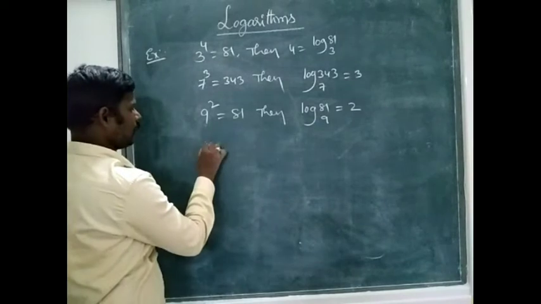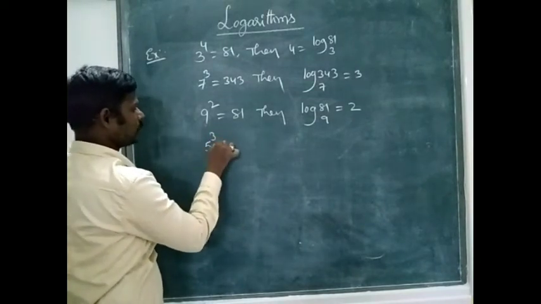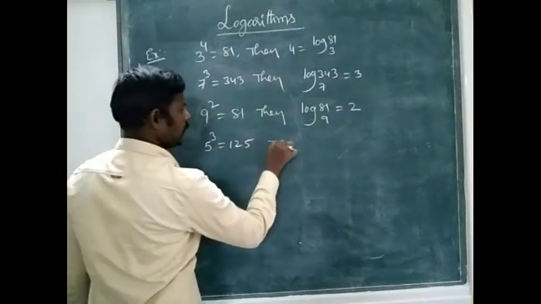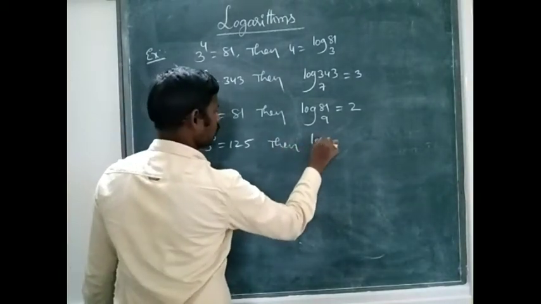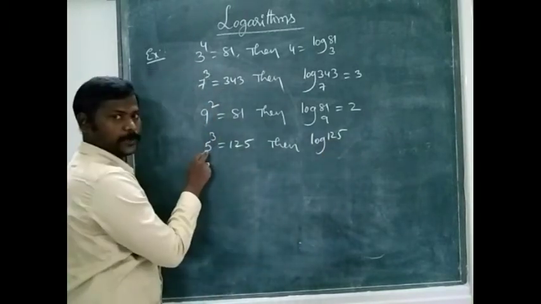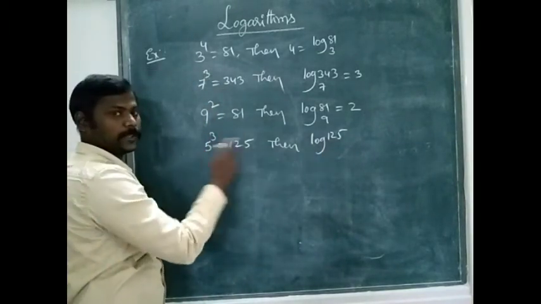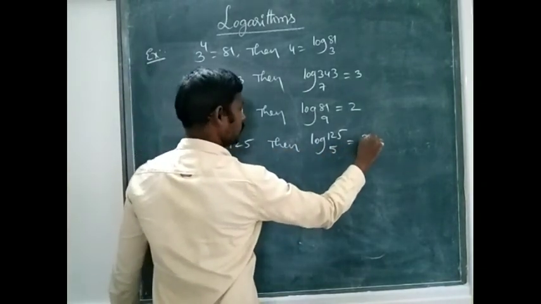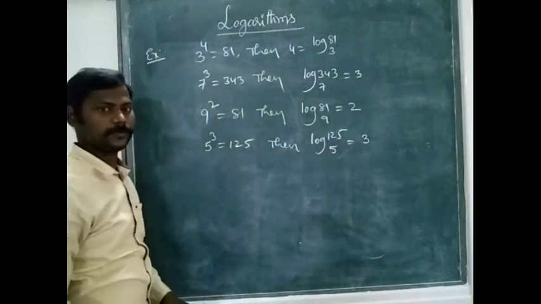See one more example. 5 cube is equal to how much, children? 125. Then the logarithm of 125 to the base, which does not change. The base is common to exponent and logarithm. The base 5. You can write the index here, 3.